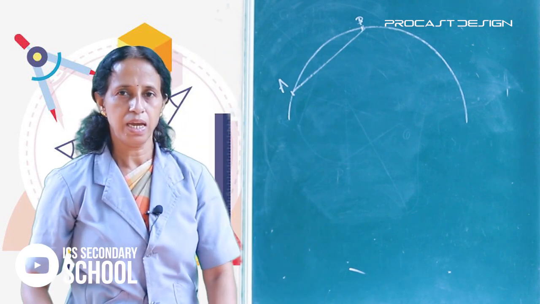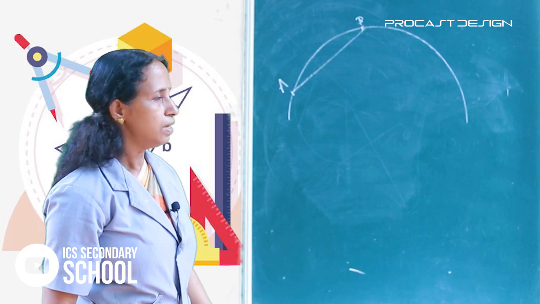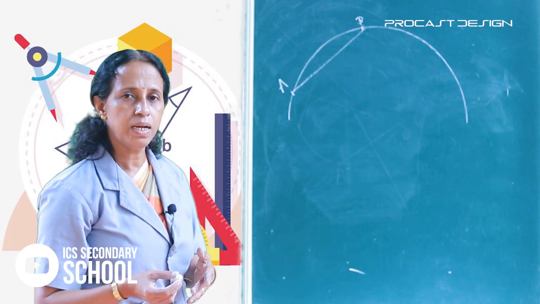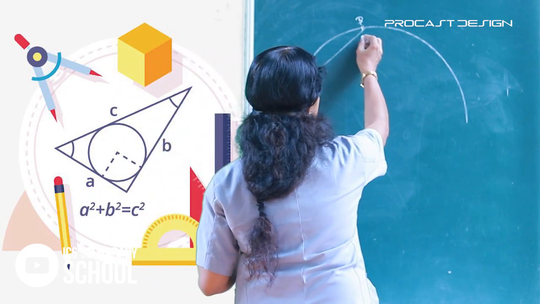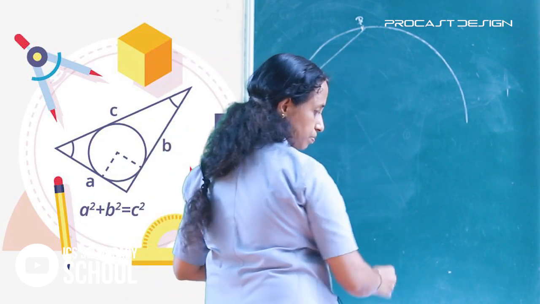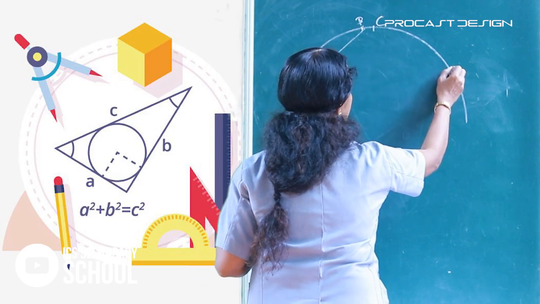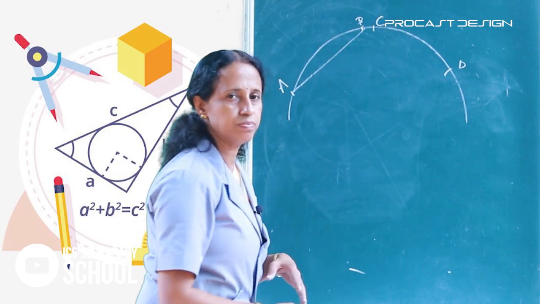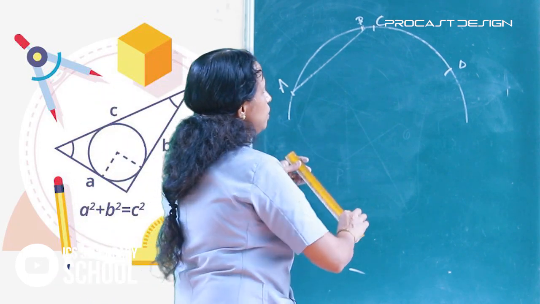AB is a chord. Mark another two points, C and D.